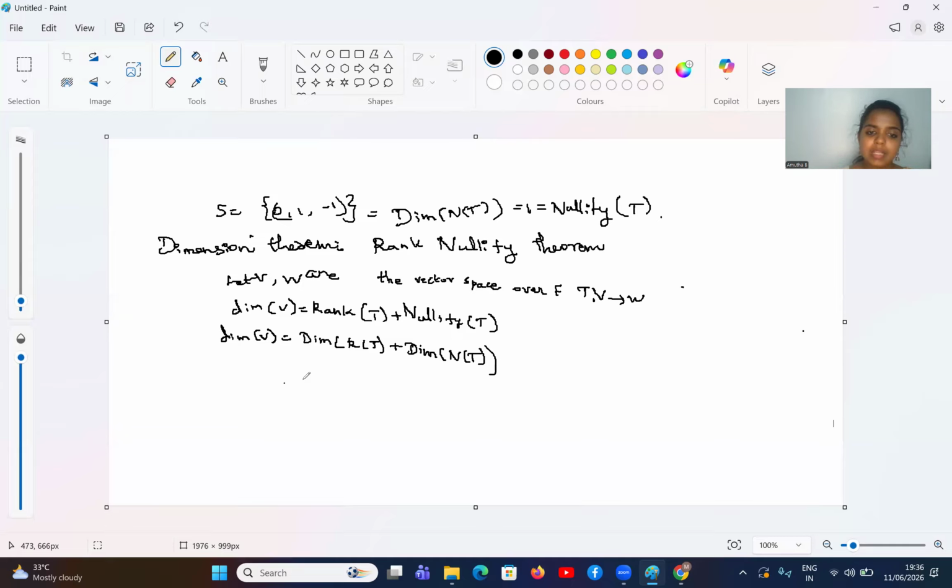So this is another statement you can use for this theorem.